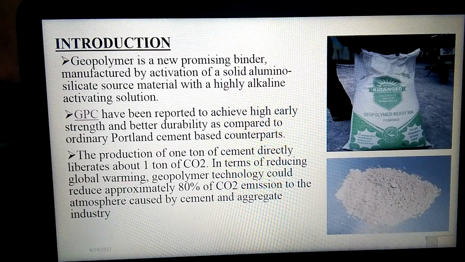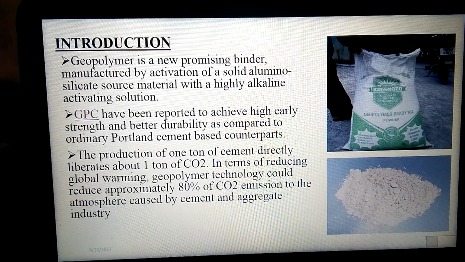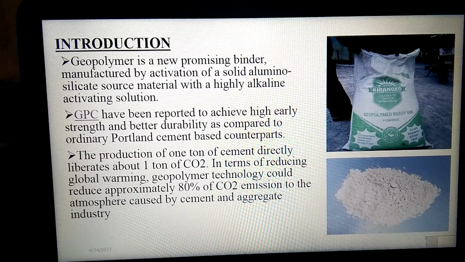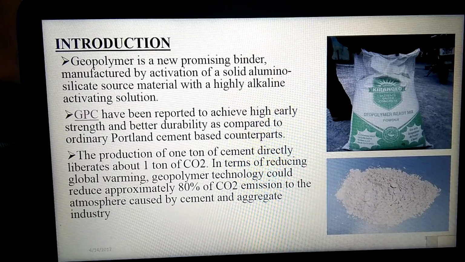Introduction. First of all, what is geopolymer? Geopolymer is a combination of a solid aluminosilicate material with a highly alkaline activating solution. Here our solid material is a combination of GGBS and fly ash, and the alkaline solution is the geopolymer activator.